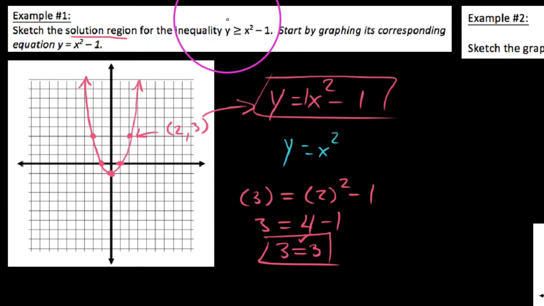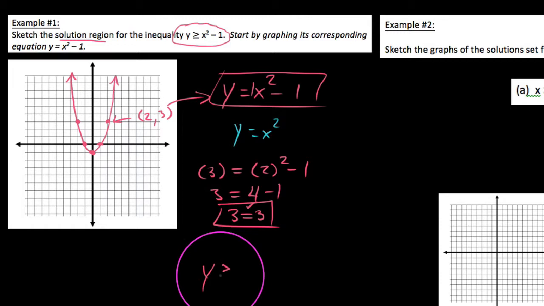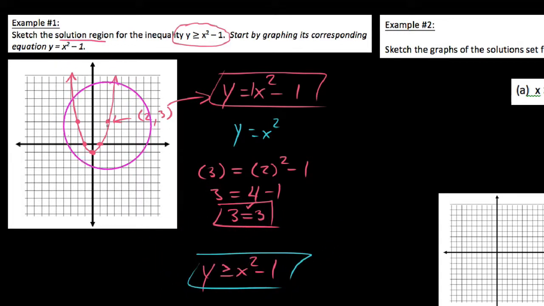So how does y is greater than or equal to x squared minus 1 distinguish itself from the equation that we just graphed? The set of solutions is much bigger than what you get here. I don't want to go into arguments about how they both have infinitely many elements in their sets of solutions, but you could think of it as being bigger.